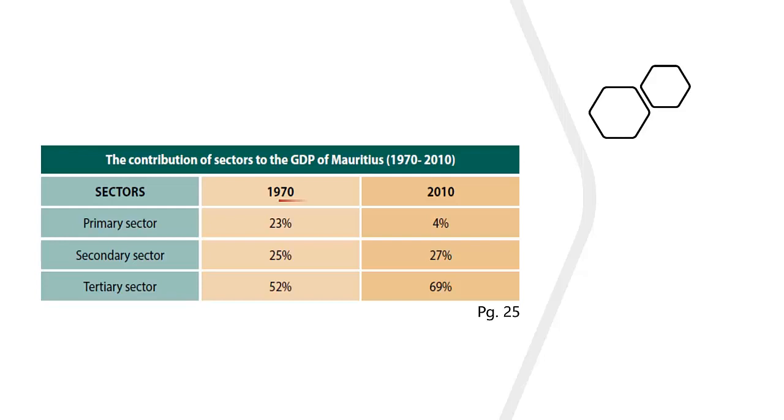You will notice that in the year 1970, the primary sector, just like the secondary sector, contributed about a quarter of the GDP of Mauritius, while half of the GDP in the same year was the contribution of the tertiary sector.